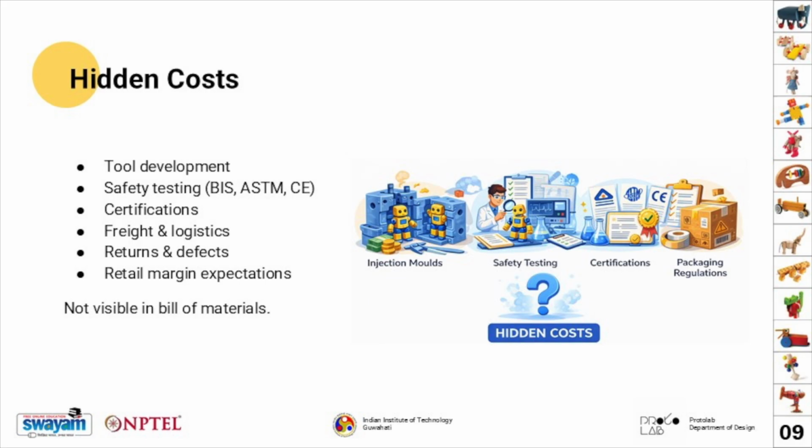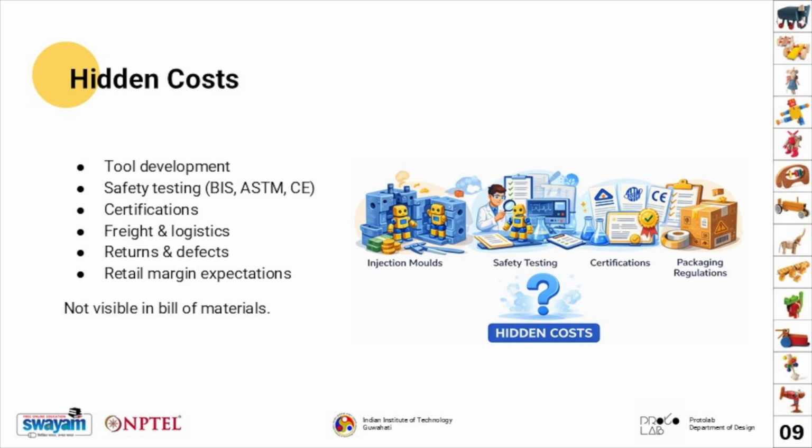Toys must comply with standards: BIS in India, ASTM in US, and CE in Europe. Testing is not free. It requires lab fees and time. Certifications, compliance, documentation, and packaging regulations all add costs.